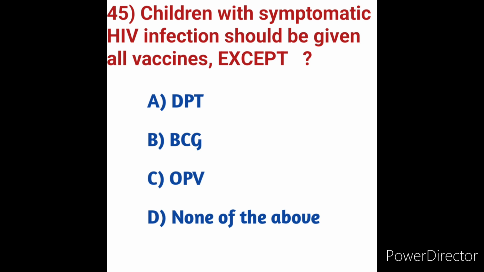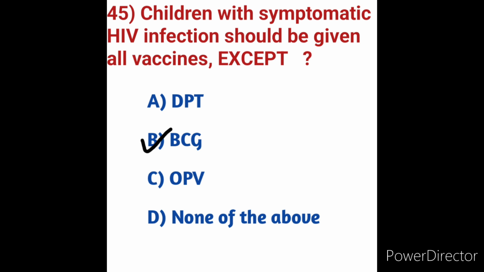As early in life as possible, HIV exposed infants and children should receive all vaccines under the Expanded Program for Immunization, EPI, except BCG vaccine. So children with symptomatic HIV infection should be given all vaccines except BCG because of impaired immunity. So here option B is the correct answer.